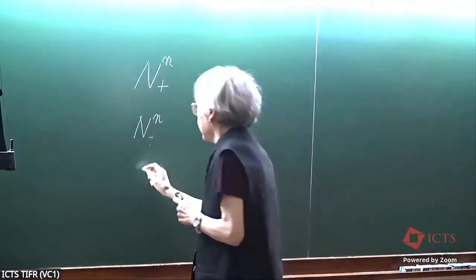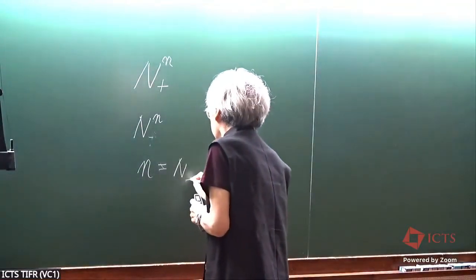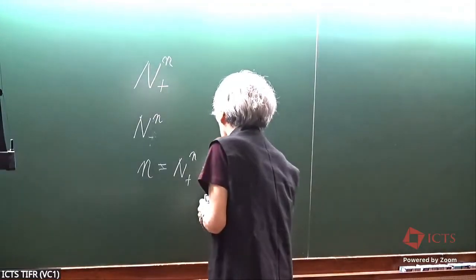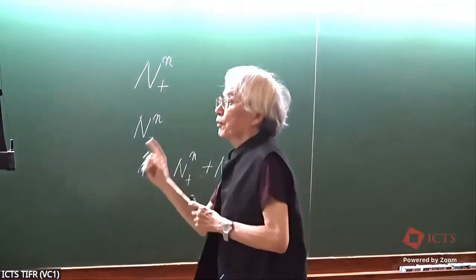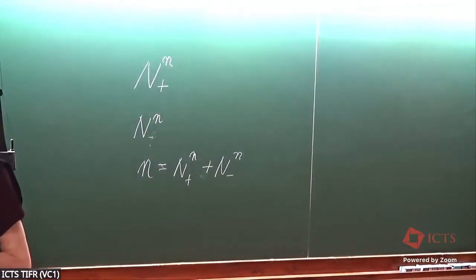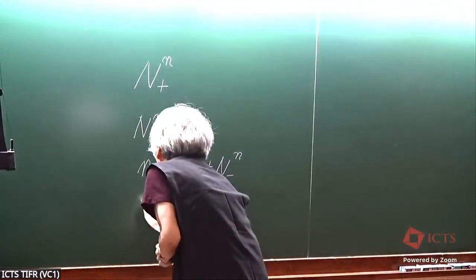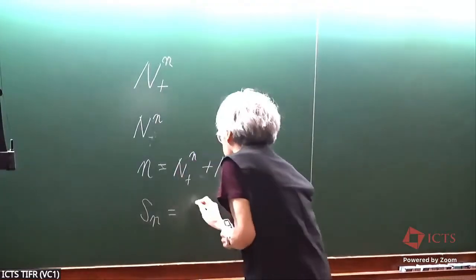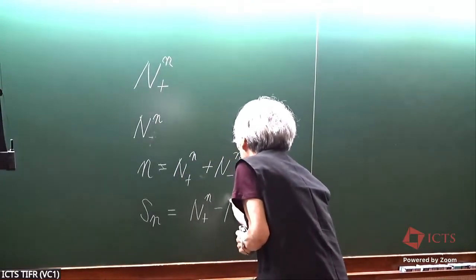And this is a trivial equation. The point is, the step is just +1 and -1. Then Sn equals the number of pluses minus the number of minuses.